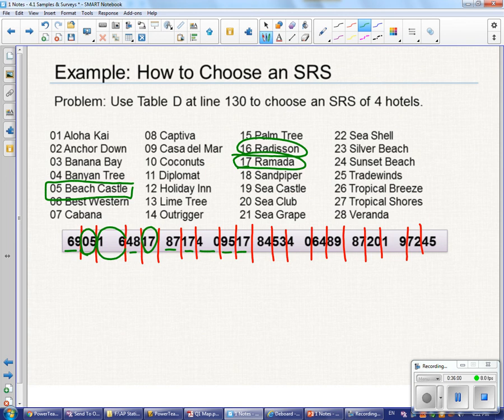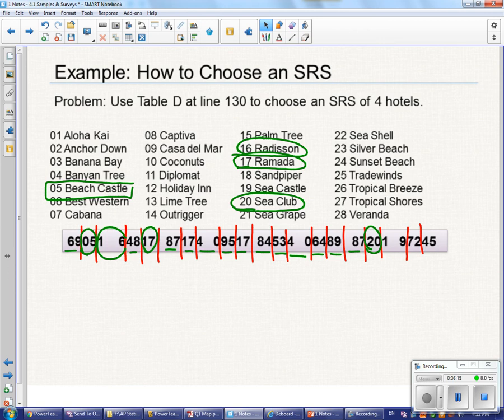That's funny. 84, 53, 40, 64, 89, 87, 20. So 20 is on my list, and that I believe is the 4th hotel that I need. And so I've got the 4 hotels that I'm choosing for my simple random sample.